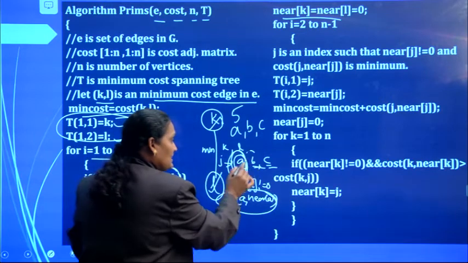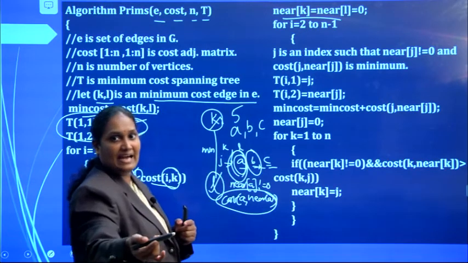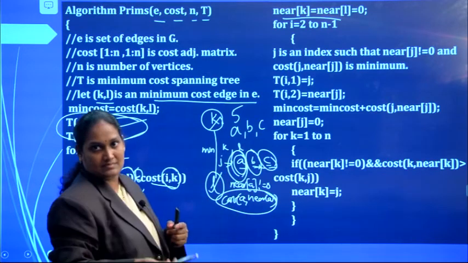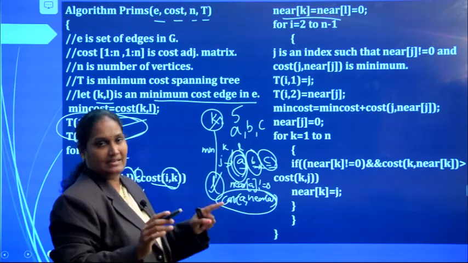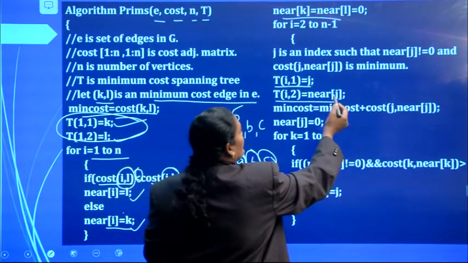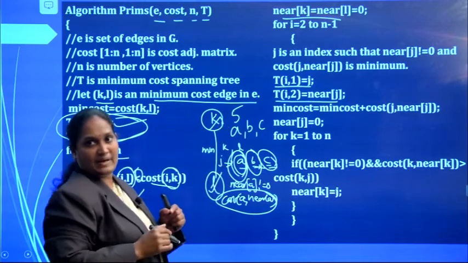If B has the minimum cost, we select j as B. If C has the minimum cost, we select C as j. Like that we need to select one vertex.